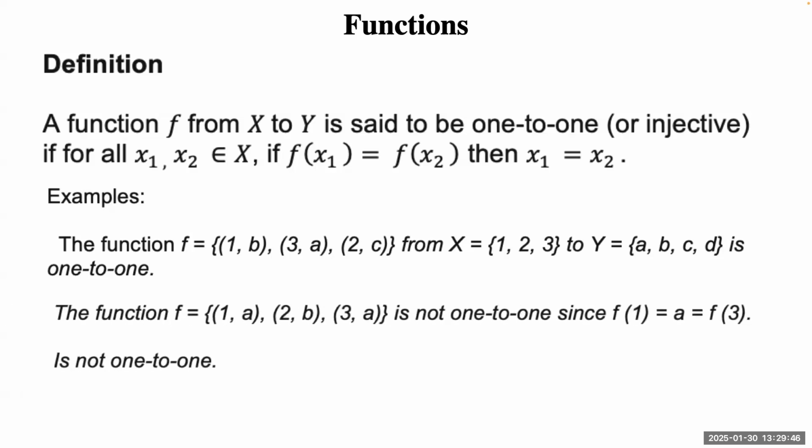This one, 1a, 2b, 3a, is not one-to-one because the y-coordinate a comes from two different x-coordinates. The function says if the y-coordinates are equal, then the x's have to be equal if it's going to be one-to-one. But here I've got y-coordinate a and a, and their x's aren't equal. One is 1, one is 3. So this is a case of one that's not one-to-one.